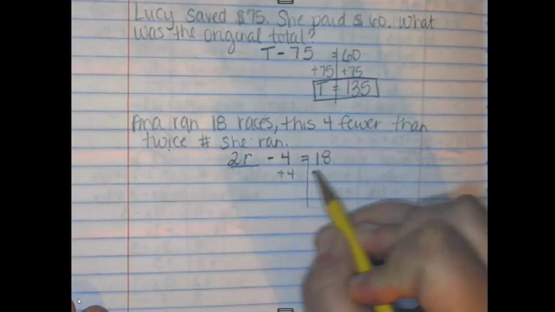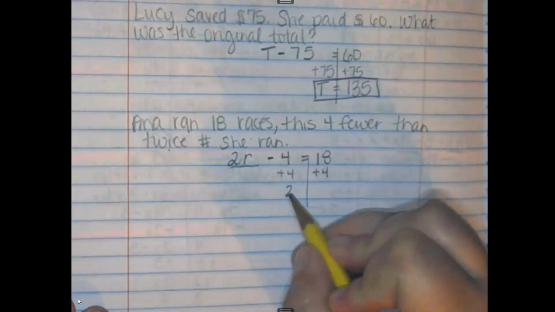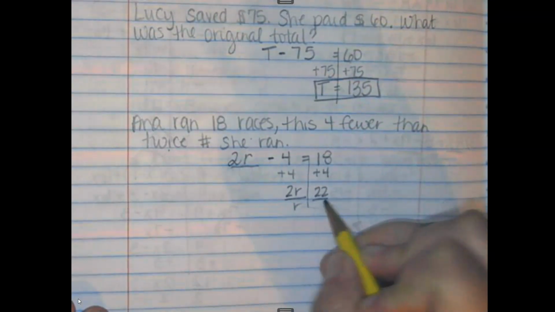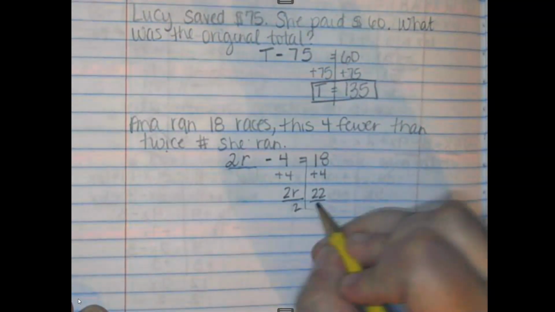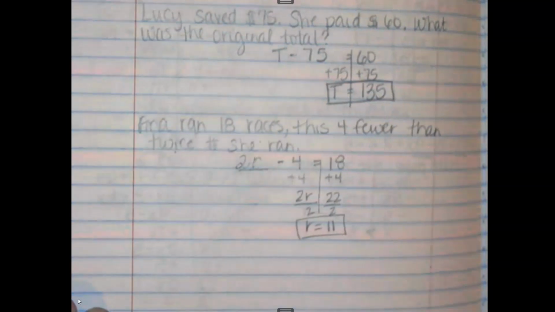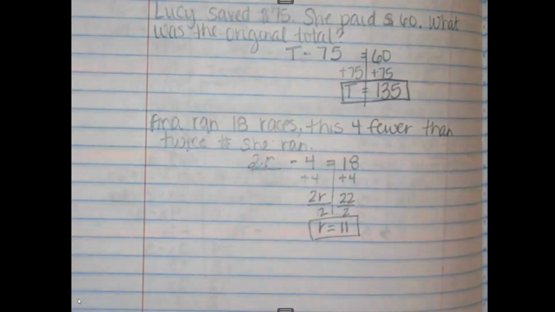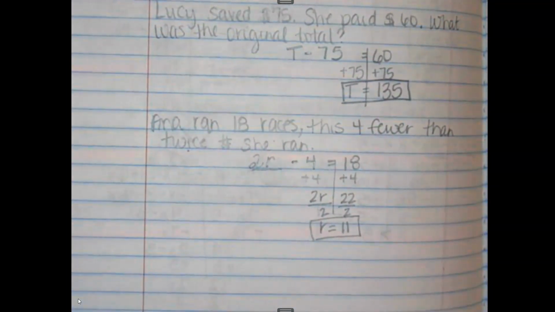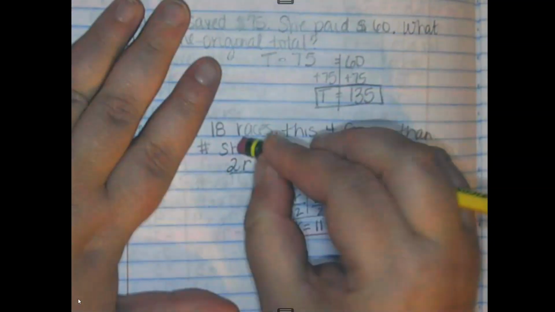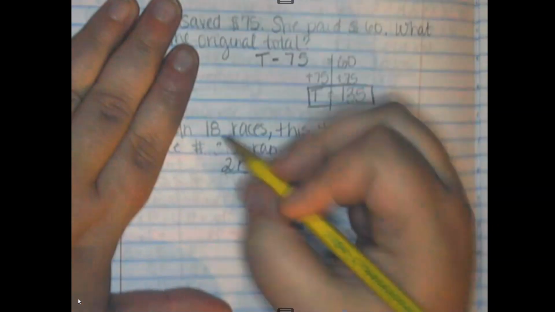Plus 4. Oh, sorry. I need to divide by 2, not R. All right. Oh, this is 4 fewer and twice the number. Sorry, that should say that Kelly ran. I'm so sorry.